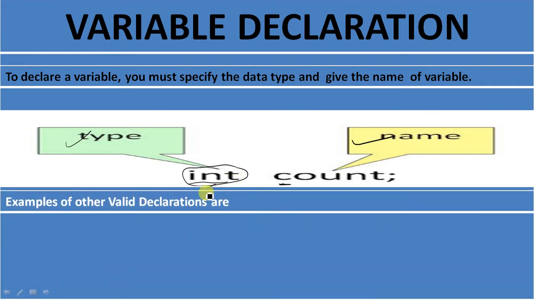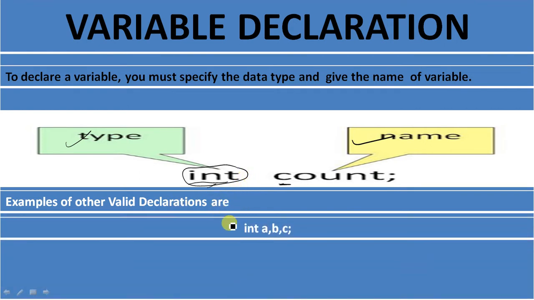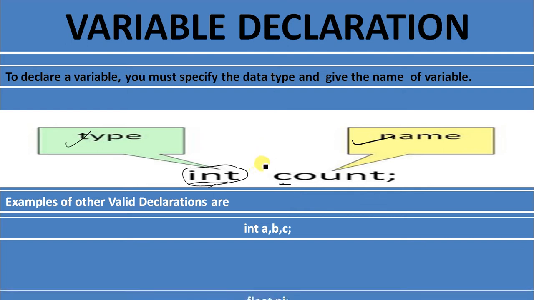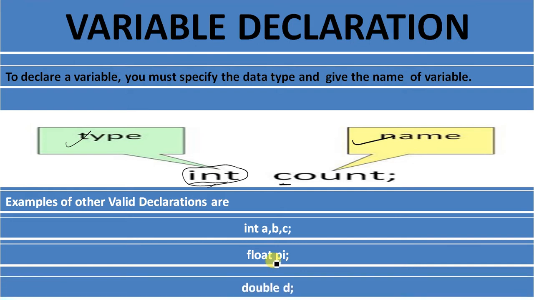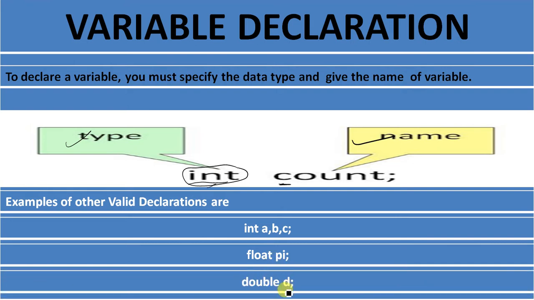Examples of other valid declarations are: int a, b, c. Here a, b and c are the variables. If you want to declare a float variable, then you write float, then the variable name. So this is a float variable, pi. And double d, this is a double variable.